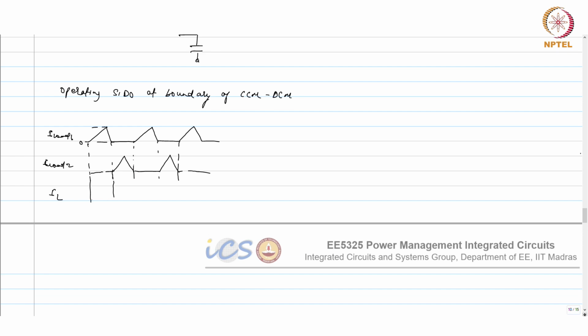So what you will see is something like this. The shape may not be perfect, but you get an idea that it will go to 0 and it will be whatever the peak current.